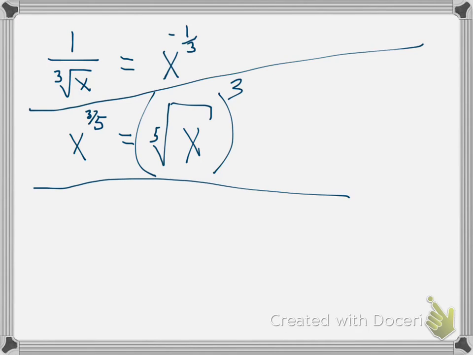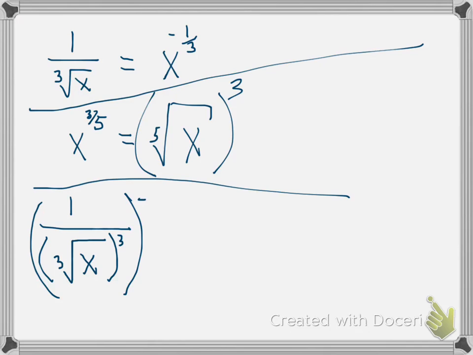So, there are those types of things. Now let's take a look at one where I've got 1 over the 3rd root of x cubed, and this whole thing is raised to the -1 power.